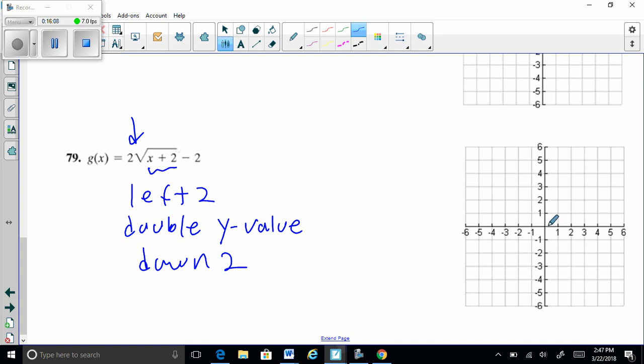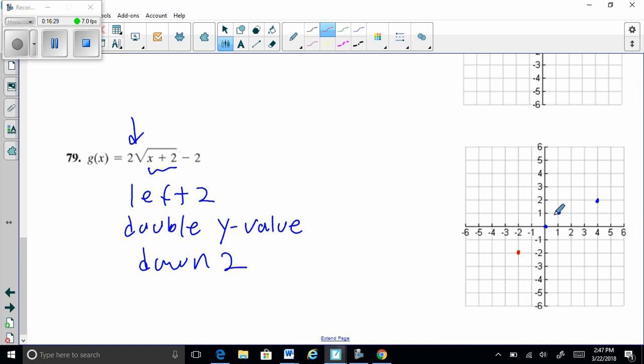So once again, put those first couple points up there, and then we'll follow the directions from here. So left 2, you double the y value, well, you're doubling 0, and then you go down 2, so you're going to end up right here.